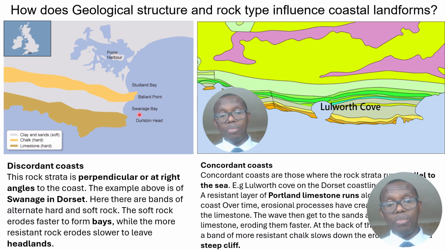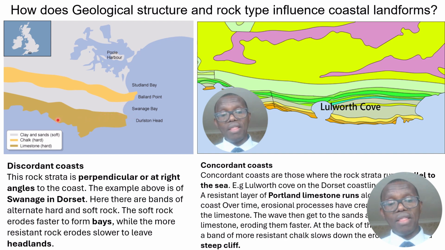So, for example, we have this middle layer here, which is clay and sands. Now, these ones here are quite unconsolidated. It's unconsolidated material, not as consolidated as the other two. So this one here is going to be softer and a lot easier to erode. And as you can see, that has eroded faster here to form a bay.